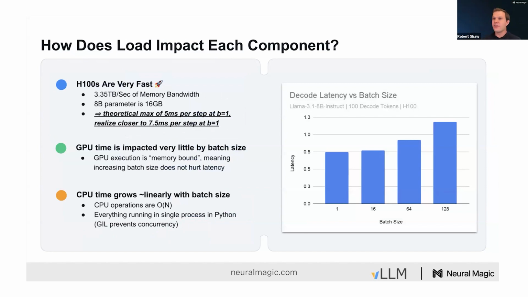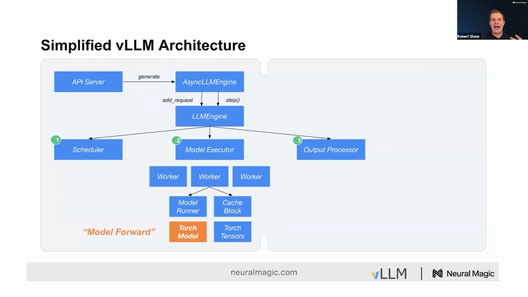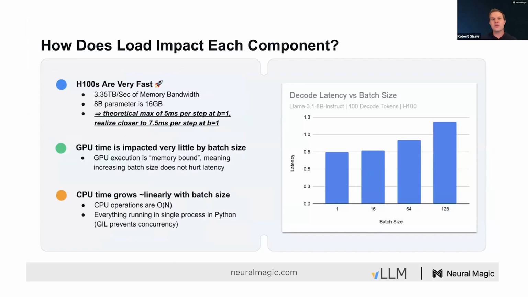The next piece I wanted to talk about is to understand how the different components of vLLM perform as the amount of load on the system grows. So one really important thing to understand is that H100s are really, really, really fast. There's a constant on GPUs that determines the performance of the generation step of an LLM.